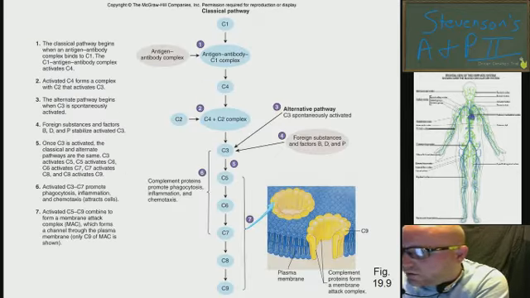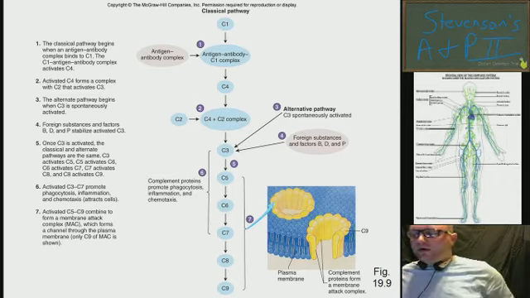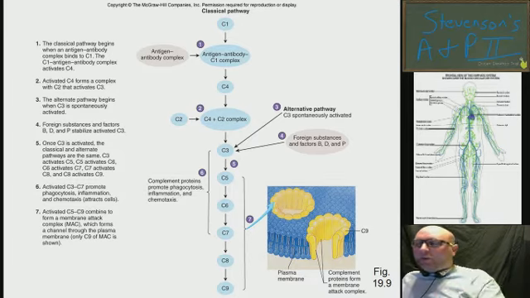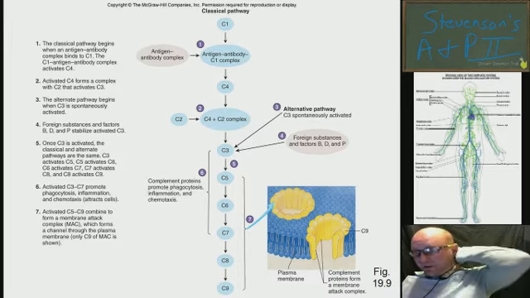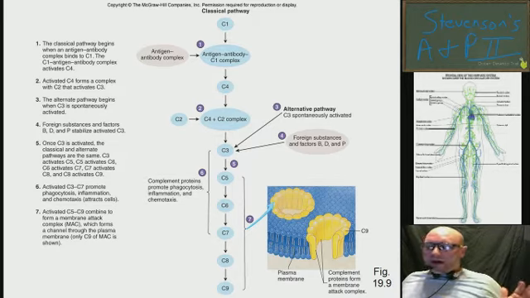So here we look at the complement pathway. The classical pathway we're going to look at first. The classical pathway begins when an antigen-antibody complex binds to complement 1. The antigen-antibody complex then activates complement 4, or C4, and then activated complement 4 that complexes with complement 2 will activate complement 3.